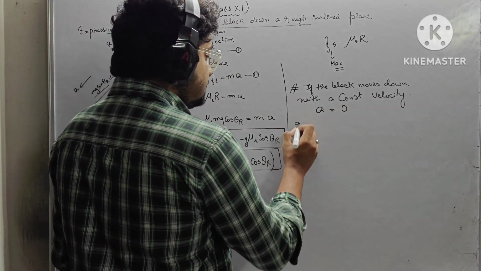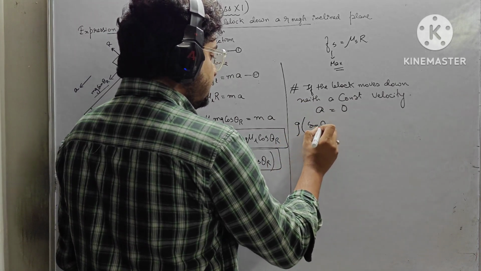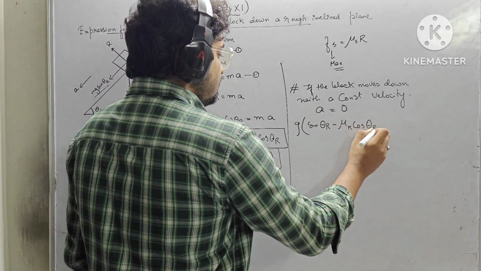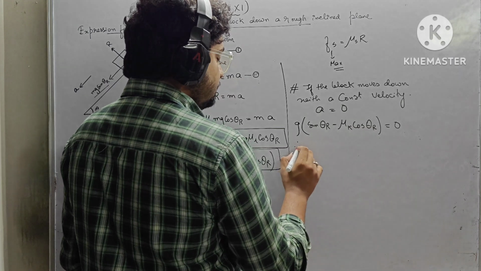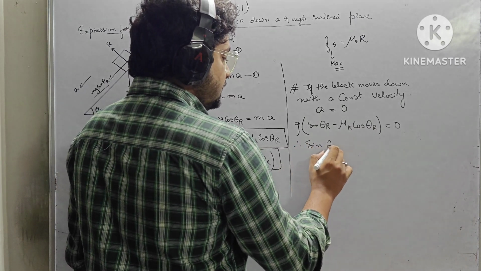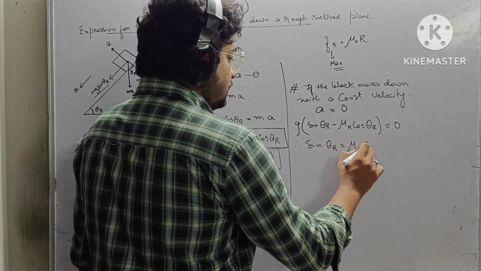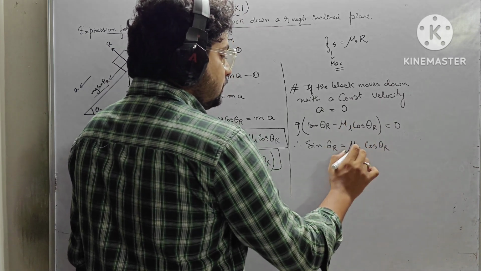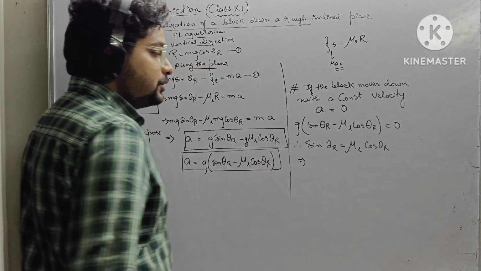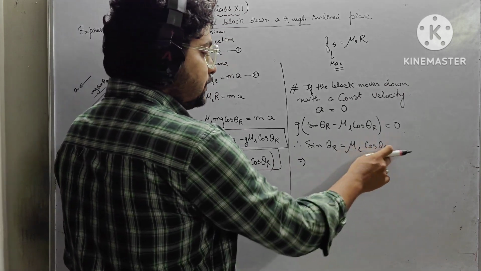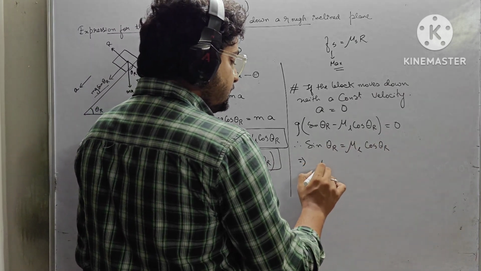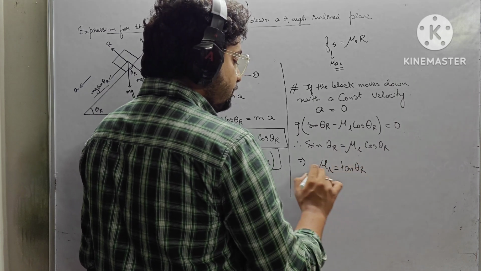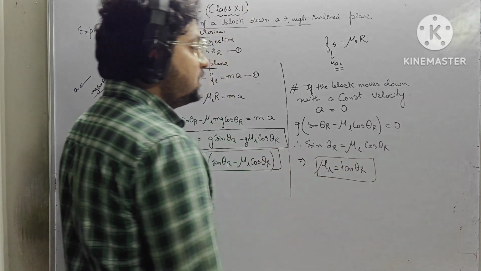So we can write g sin theta minus mu k cos theta equals 0. Therefore sin theta will be equal to mu L cos theta, so mu L will be sin theta by cos theta, that is tan theta. So mu L is going to be tan theta. This is going to be the expression.